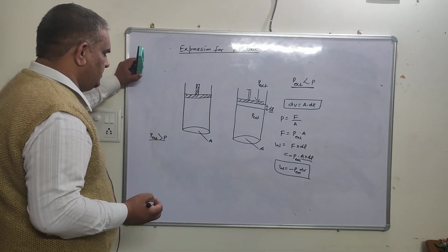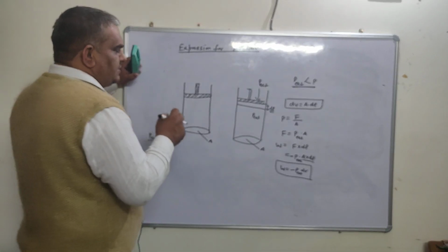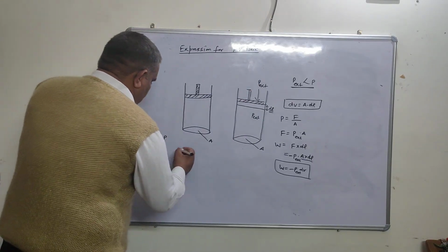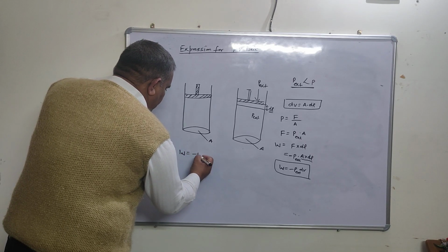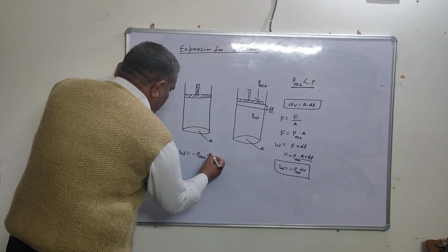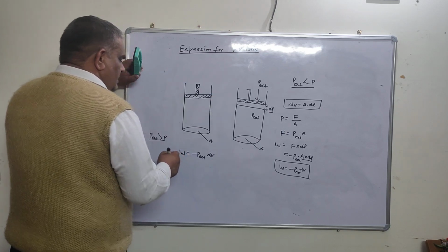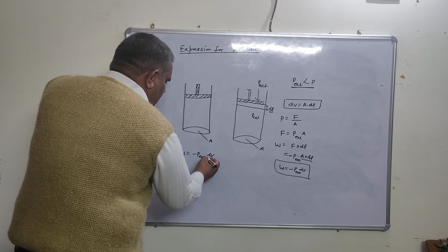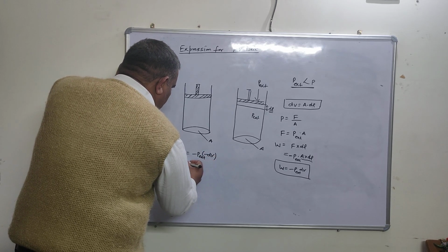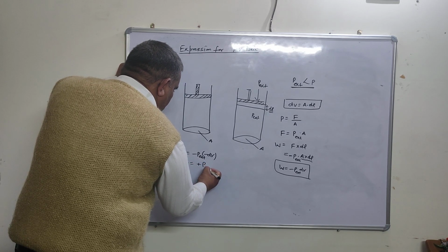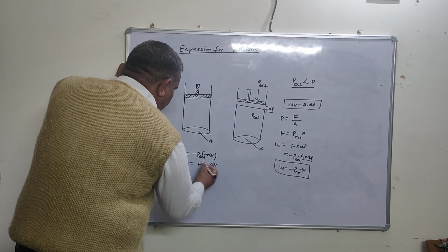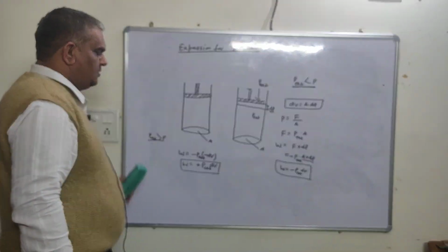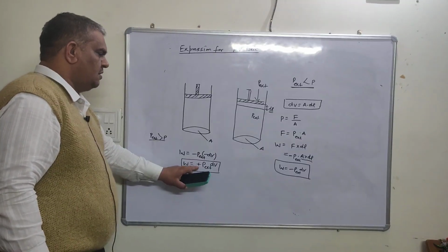This is called contraction, and so we can say this is the work done on the system. Since the volume decreases, dV is negative, so the negative sign becomes positive: W equals plus P external dV. So from here we get two conventions: work done by the system is negative and work done on the system is positive.